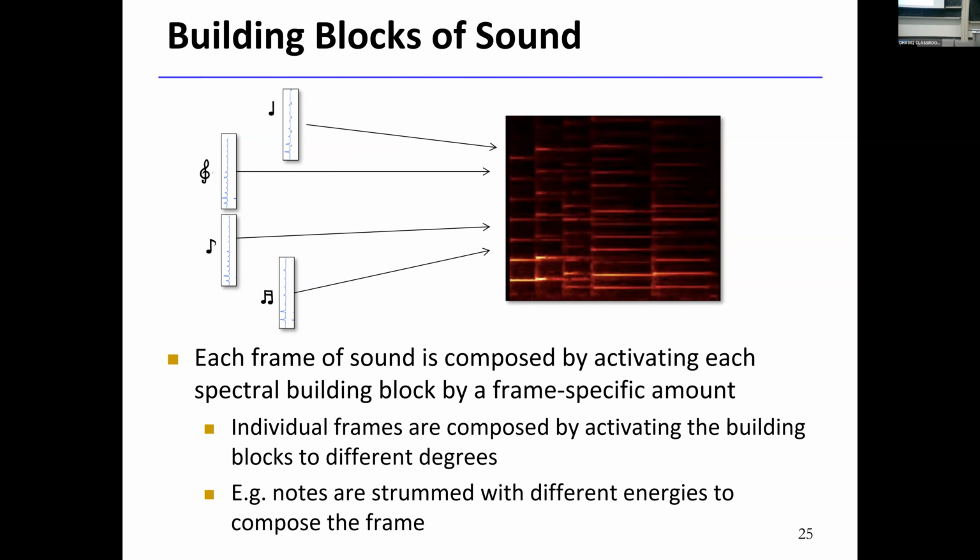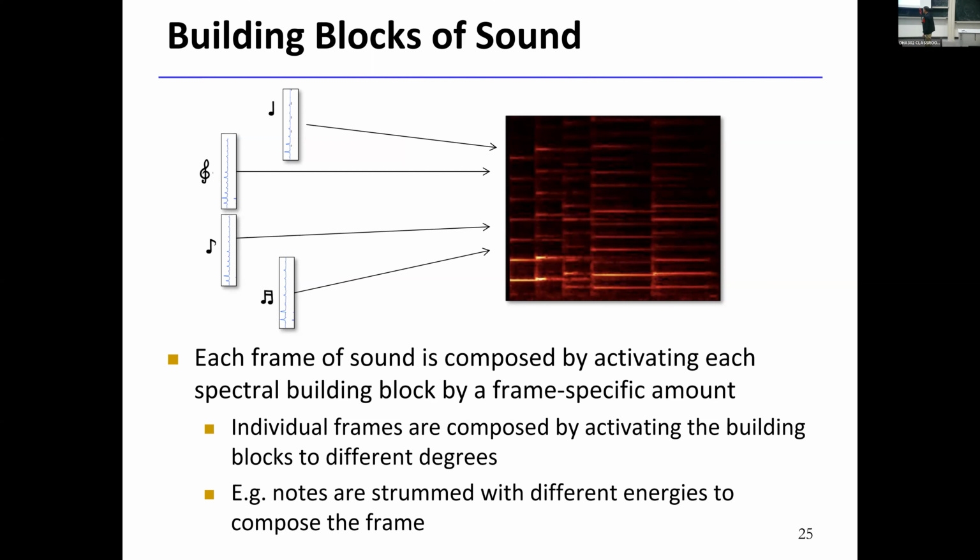So in each little section of my music, I'm going to keep adding these things with different weights. It's the same bunch of notes, they're just being played with different energies, right? And so each frame of sound is composed by activating the same set of spectral building blocks, but each building block is being activated by a different amount.